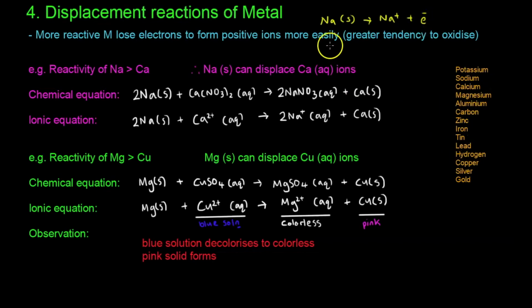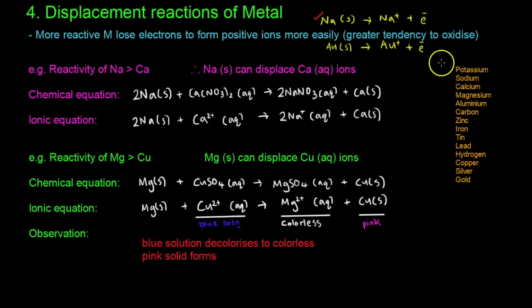Compare this with gold, Au, which gives us Au+ and an electron. Sodium will form its positive ion and electron much more easily than gold. This is what we mean: more reactive metals lose electrons to form positive ions more easily. This is a greater tendency to oxidize.